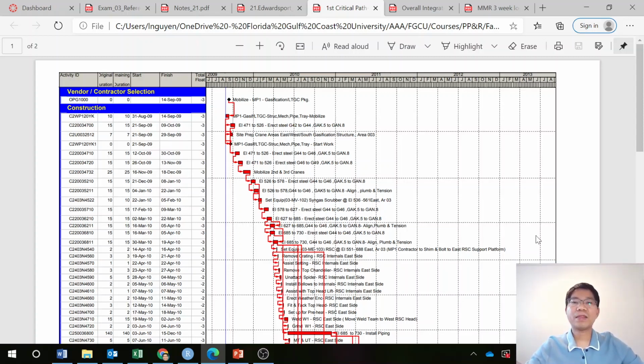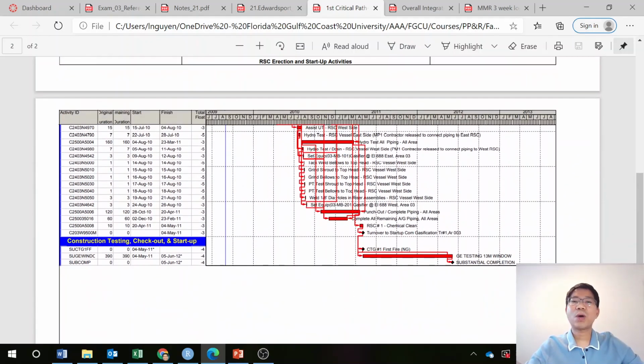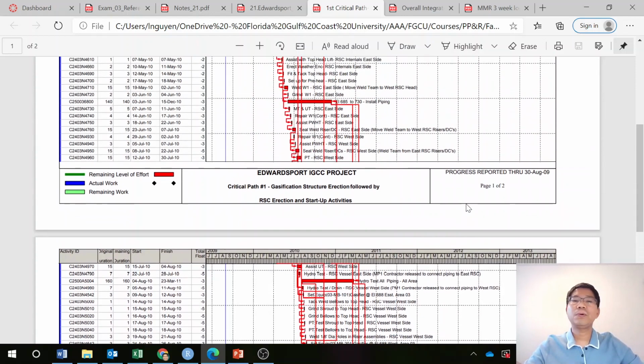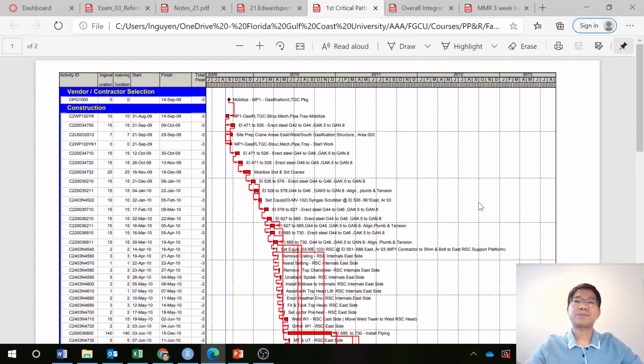The critical path is shown in red here, and it only needs 1.5 pages. So the master schedule is typically high level activities, and only a few activities even in a complex project.